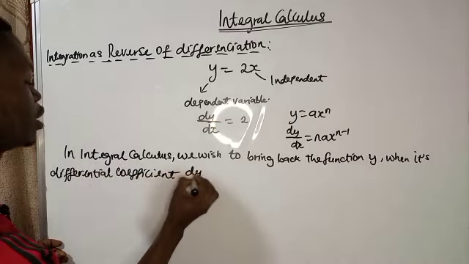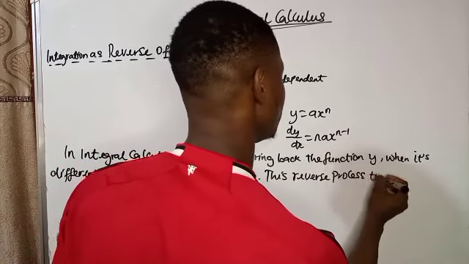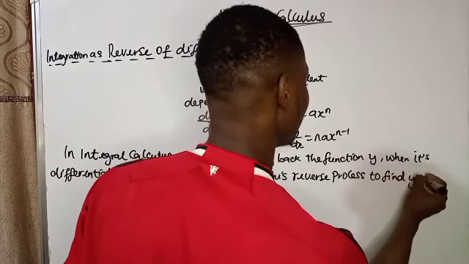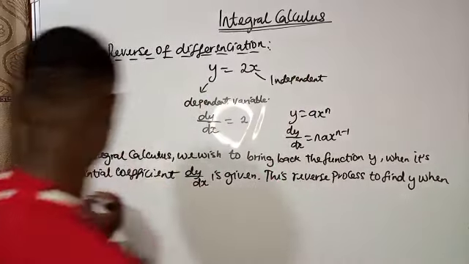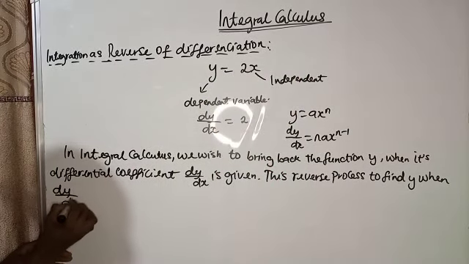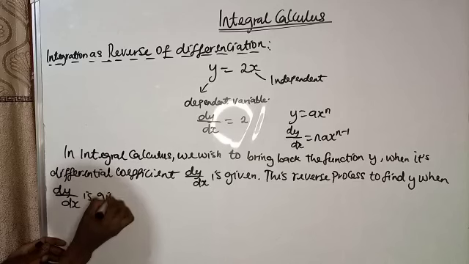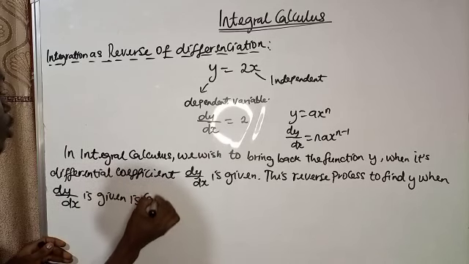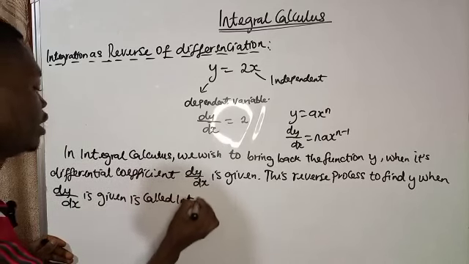This reverse process, to find y when dy over dx is given, is called integration.